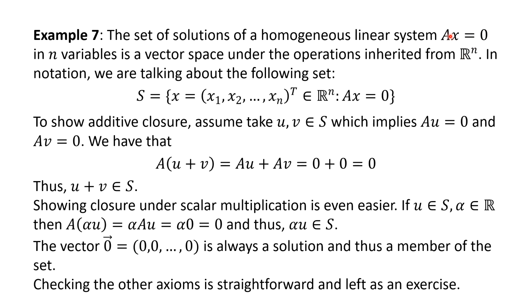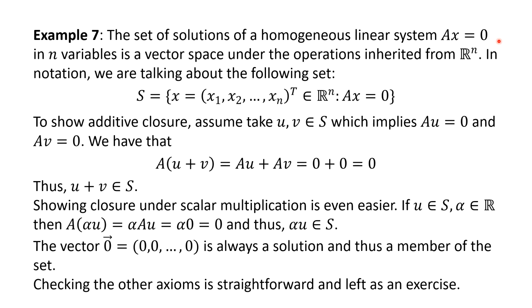And the criteria is that the columns of A need to be dependent in order to have more than one solution. Dependent means just that one column of A can be written as a combination of the other columns. That would say that they're dependent, in which case the system AX equals 0 would have multiple solutions.